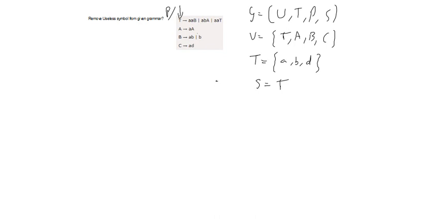If I take the variable A, can you get A from the starting symbol T? You should ask the question, and if the answer is yes, then half of the portion is ready, meaning the variable A is derived from the starting symbol T.